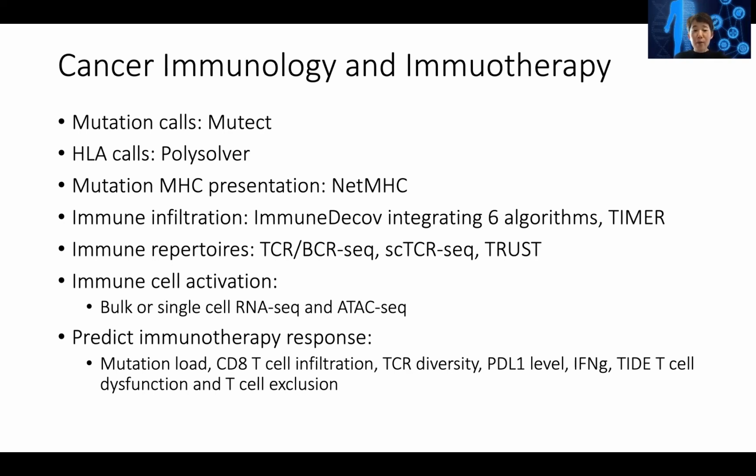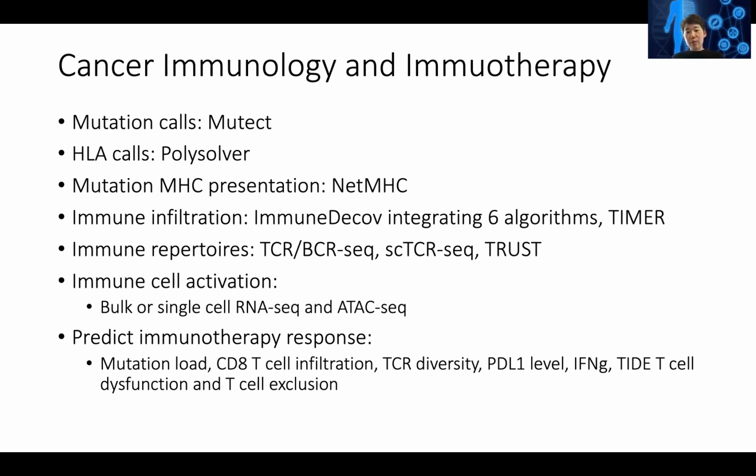And then we talk about immune repertoires because it's the T cell receptor or the B cell receptor that really recognize the mutations. And so people have been doing TCR, BCR sequencing, and recently they're also looking at single cell TCR sequencing to look at what are the T cell expression status once the TCR is activated for clonal expansion.